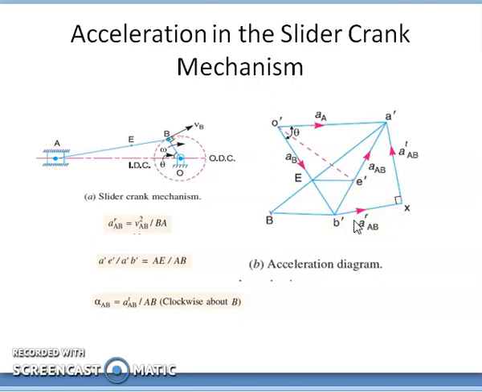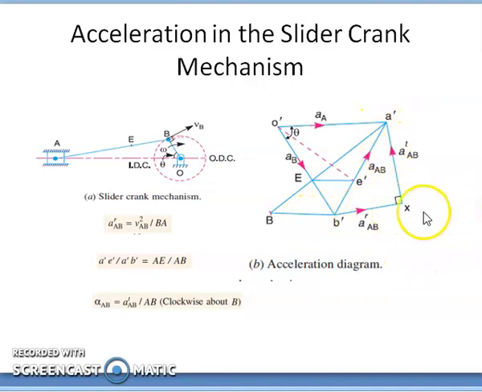And then you can see the tangential component of the vector. Here point A is rotating with respect to B, so it will have the tangential component perpendicular to AB and acting in the upward direction. So you draw a line perpendicular to AB passing through A.